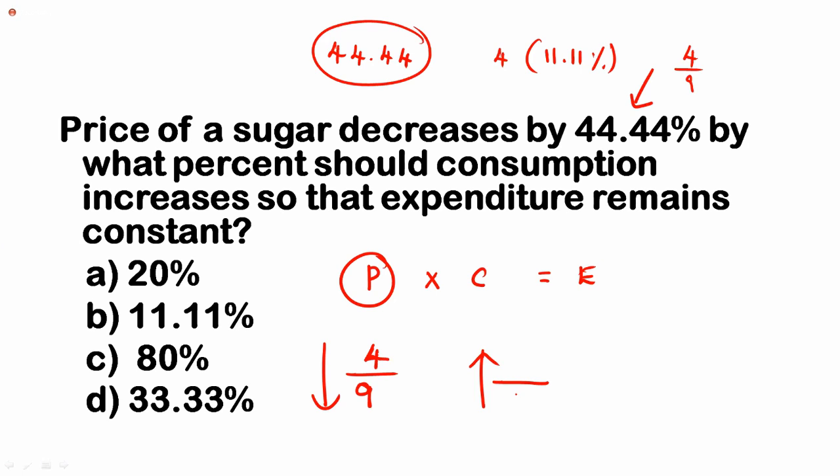The new base will be 9 minus 4, 5, and 4 will be as it is. 4 by 5 should be the increase in consumption. So 1 by 5 is 20%, 4 by 5 is 80%. Mark your answer choice as option C. I hope you are able to get clarity.